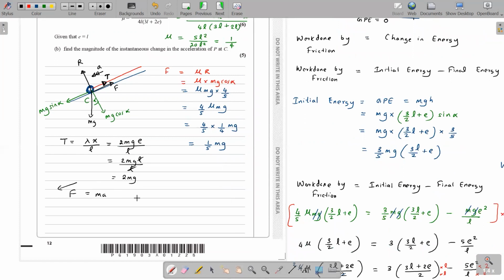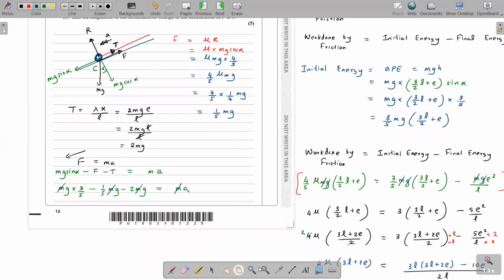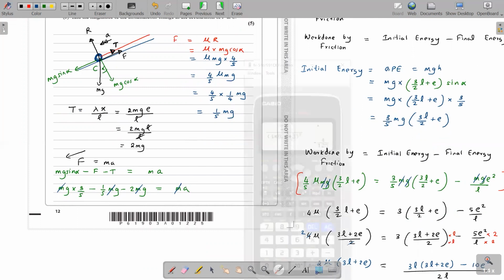The forces acting down along the plane: mg sin alpha minus friction minus tension equals mass m and acceleration, which I'm trying to find. mg sin alpha was 3 over 5, friction is 1 over 5 mg, tension is 2 mg, equals ma. M will cancel out. So in terms of g: 3 over 5 g minus 1 over 5 g minus 2 g.